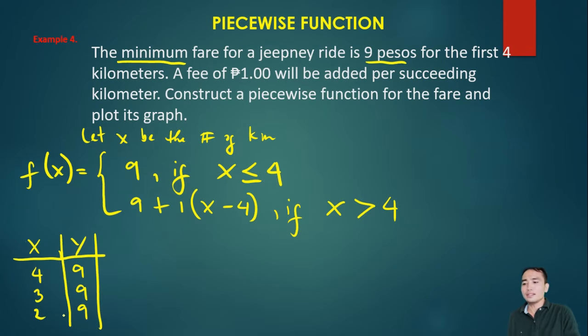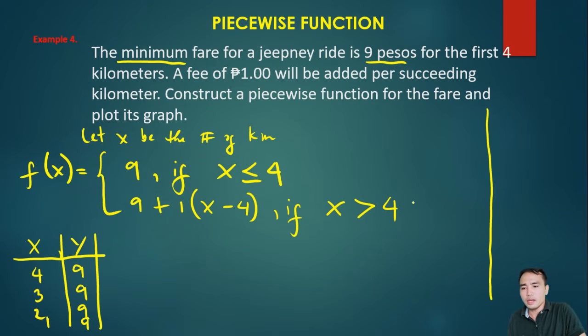Kapag yung x natin is 1, yung babayaran natin is 9 pesos pa rin. That is constant. Ibig sabihin, yung x value natin is 4, yung y value is 9. X is 3, y is 9, x is 2, y is 9, x is 1, y is 9.